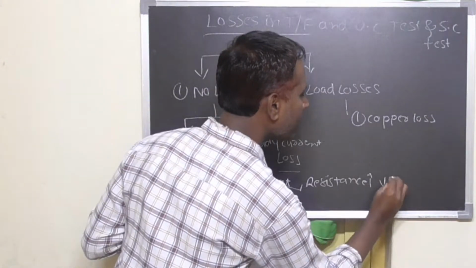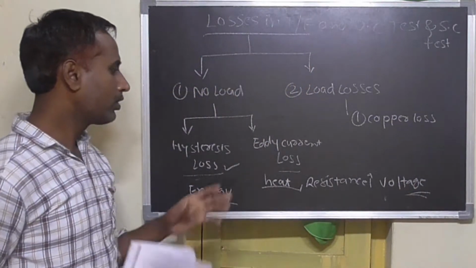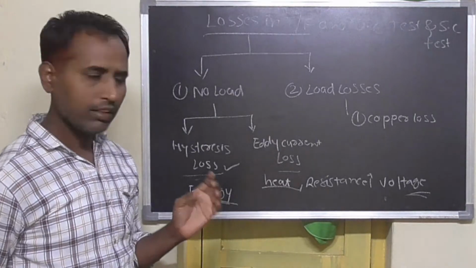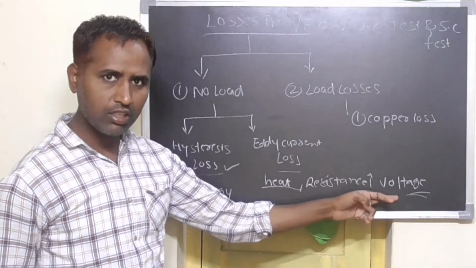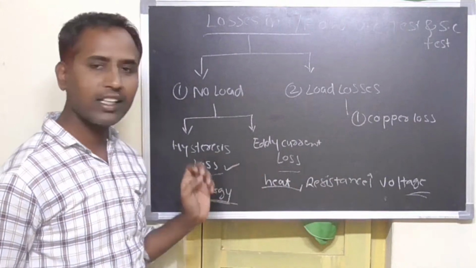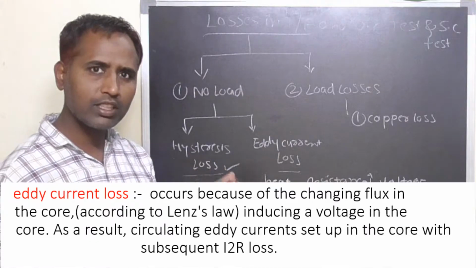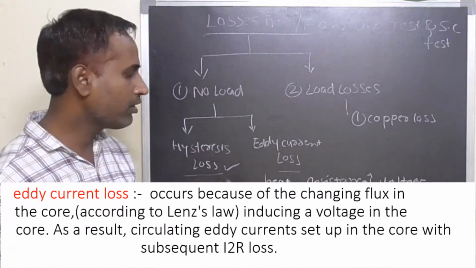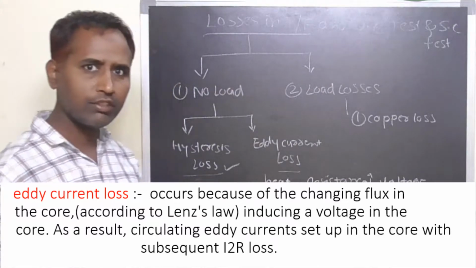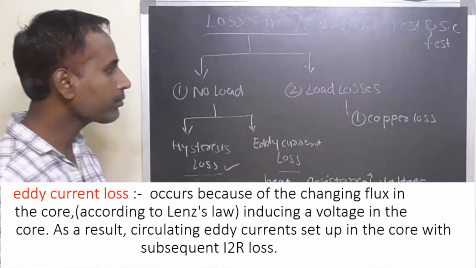So in eddy current loss we lose the voltage. What is eddy current? The induced current which opposes the supply voltage by Lenz law. In this process we lose the voltage. This loss we call eddy current loss. Okay friends, this is clear.